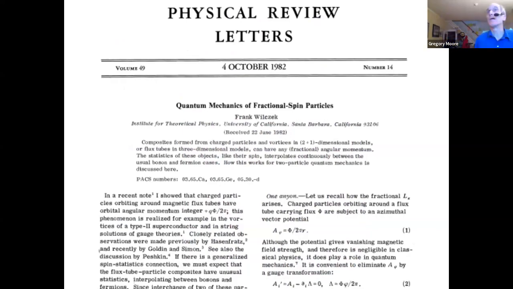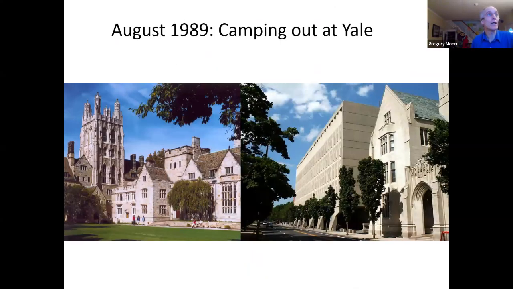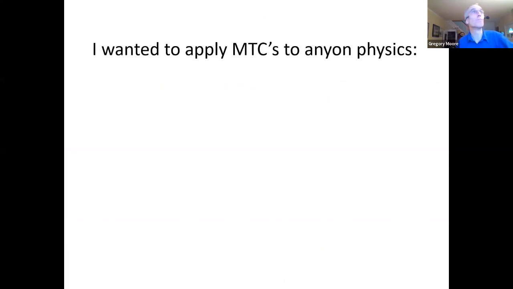So my term at the Institute for Advanced Study ended in August 1989, and I went to Yale in September '89, and the first thing I did was go to Becton Physics Laboratory because I wanted to apply modular tensor categories to anyon physics.